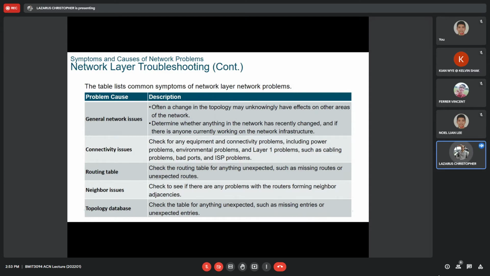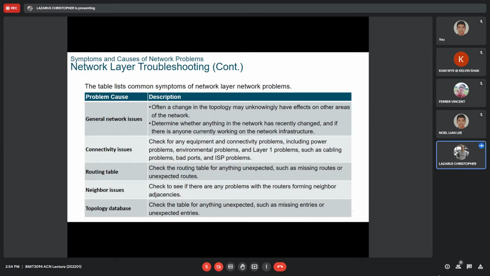Another cause is the routing table. For the routing table, you just use the show ip route command to check it. See whether there are any missing routes or unexpected routes added. Then EIGRP or OSPF: they form adjacencies with other routers, so see whether they suddenly cannot form adjacencies.